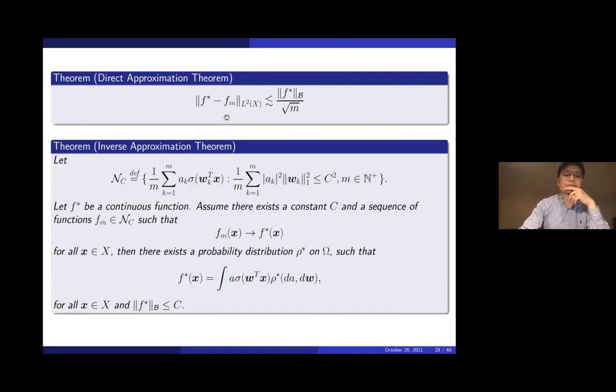The direct approximation theorem says that if a function is a Barron function, then it can be approximated by two-layer neural networks with the expected convergence rate. And conversely, if a function can be approximated by two-layer neural networks with some uniform bounds, then this target function must be a Barron function, and the Barron norm is bounded by the uniform bound.